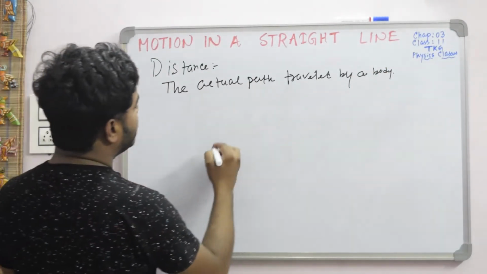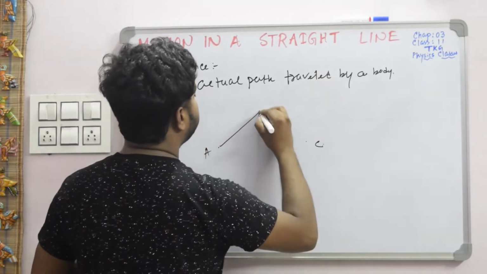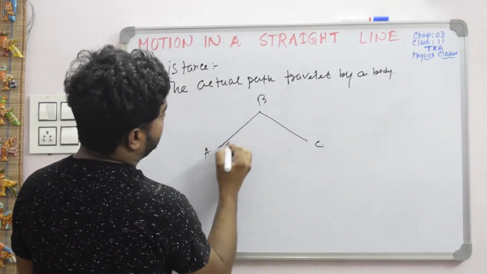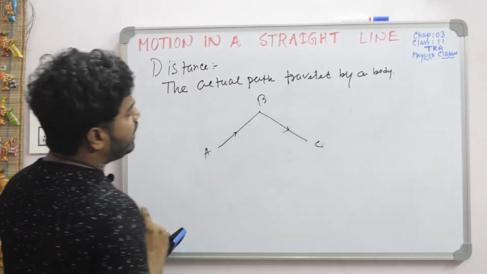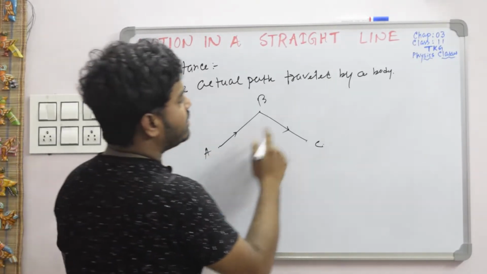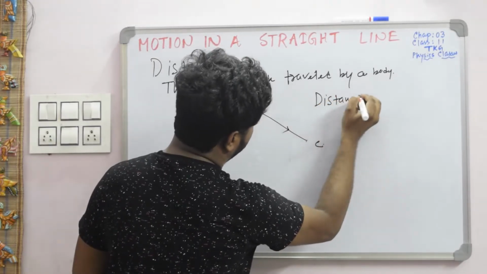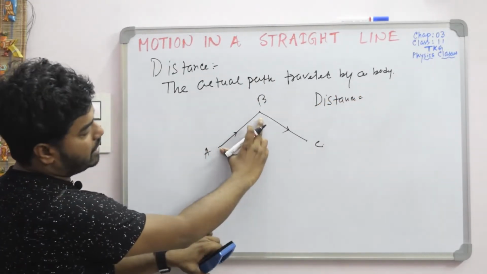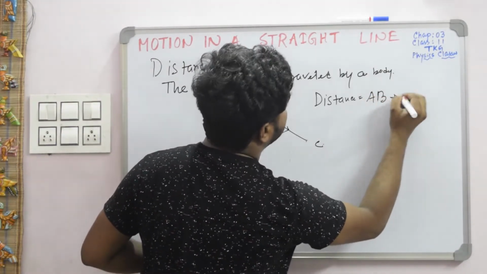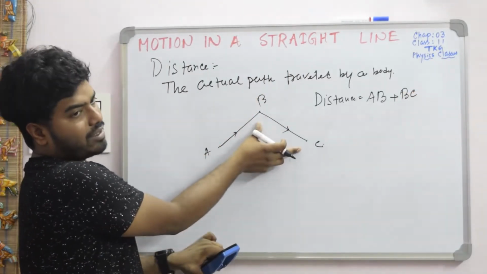Suppose a body is moving from point A to C via point B. In this example, what is the distance? The distance is equal to the first part, AB, plus after that BC. So here distance is AB plus BC.